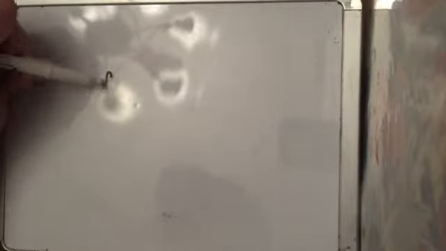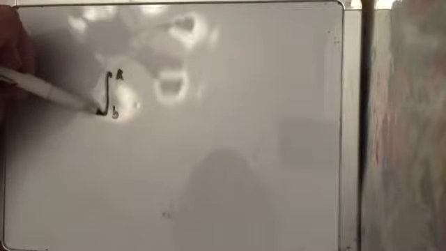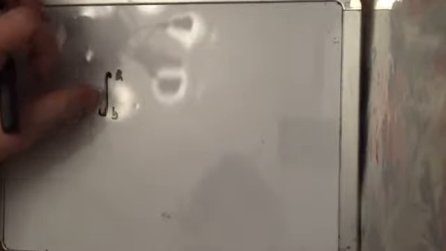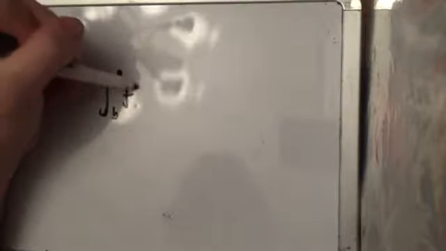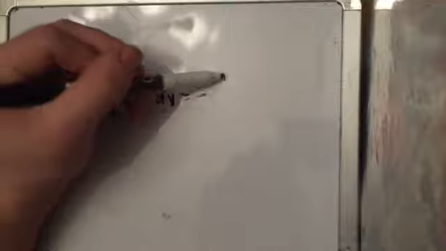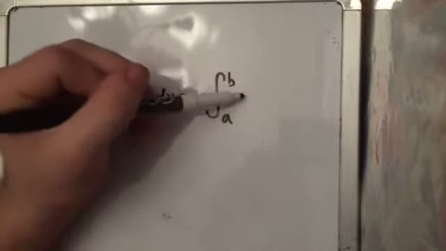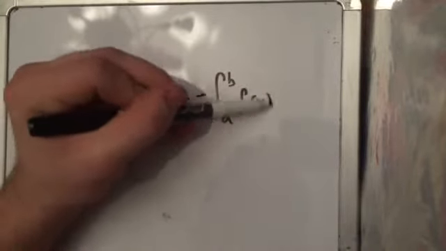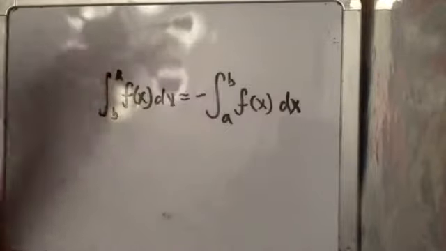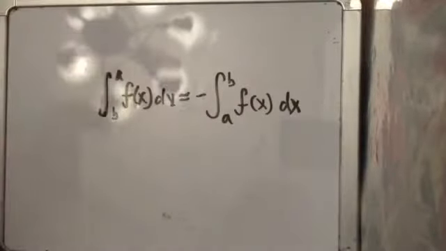There's that one, and there's also the integral from b to a. That's the opposite of the normal integration form, so it would be just the negative of the normal integral.